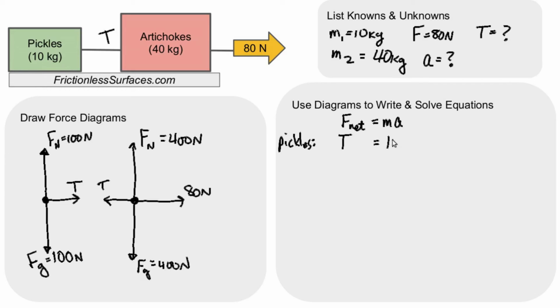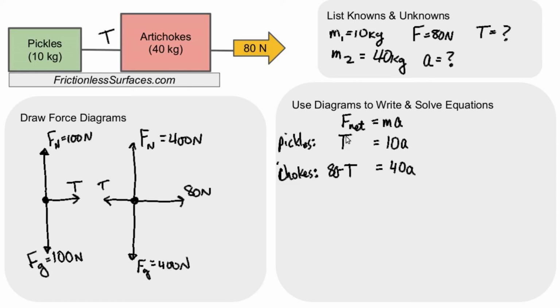It's 10 kilograms, equals 10 times the unknown acceleration. I now move on to the artichokes. What are the net forces there? Well, in the vertical direction again, 400 minus 400 is 0, but I have 80 minus T. And that equals ma for this object. That's 40a.